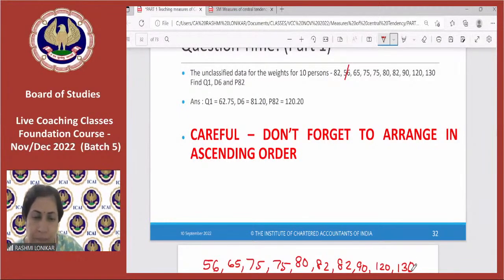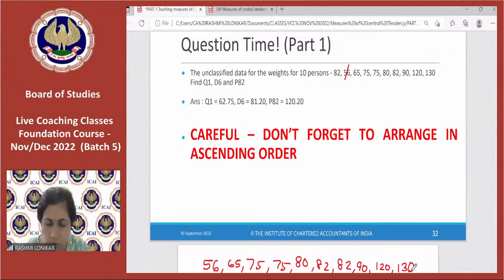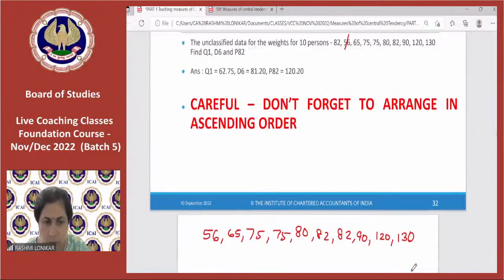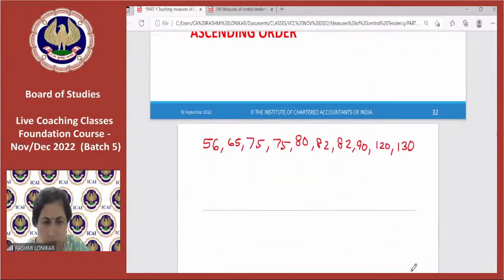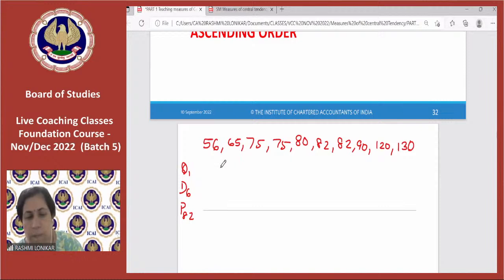Now they've asked you to find Q1, D6 and P82. For Q1, what do I have to find?